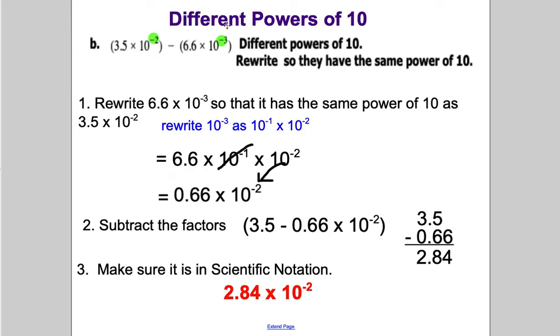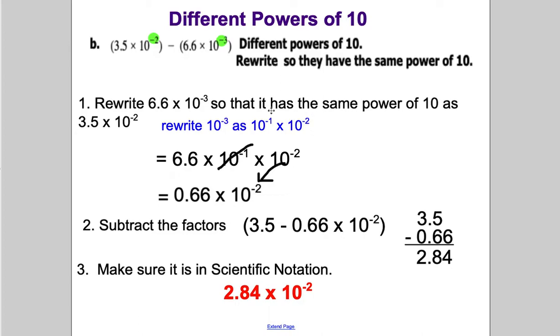That's my answer. Okay, so let me state what I did here. First, I have two different powers of 10. I need to rewrite one of them so that it has the same power of 10 as the other. I chose the 6.6. I knew I could rewrite 6.6 times 10 to the negative 3 as 10 to the negative 1 and 10 to the negative 2. When I add my exponents, I get negative 3.